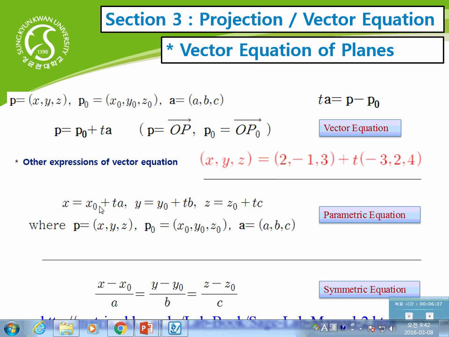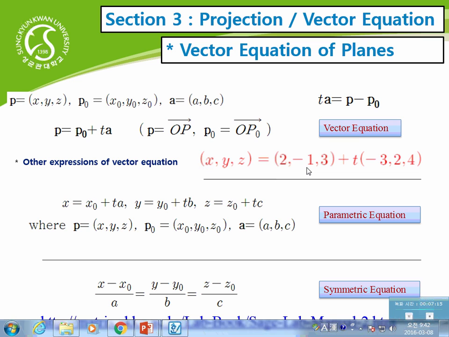If you divide by a, b, and c, then (x minus x0) over a equals t, (y minus y0) over b equals t, and (z minus z0) over c equals t. So they all have the same value t. Without t, there is no parameter, and this equality represents the same property that the vector equation has. So they are the same.